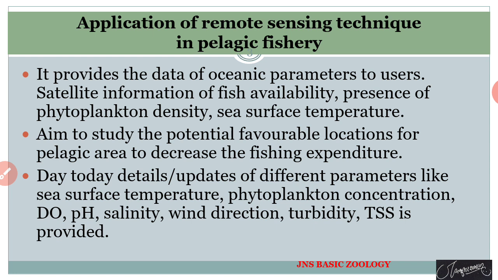and their percentage. The aim is to study the potential favorable location for pelagic area to decrease the fishing expenditure. By this technique, we can easily detect the pelagic areas where such types of fishes are mainly found, due to which we can decrease the fishing expenditure.